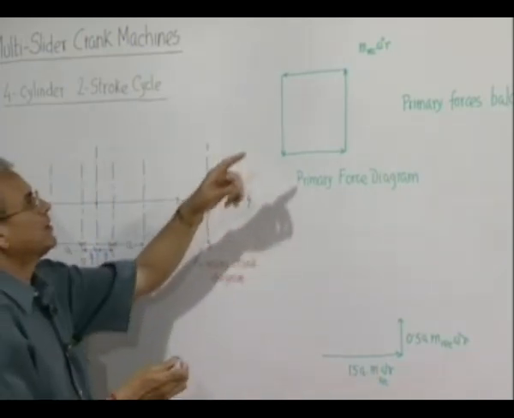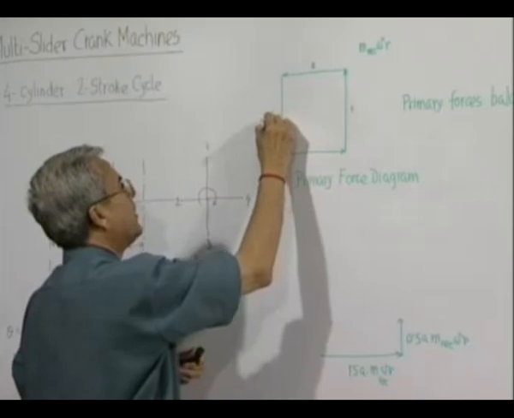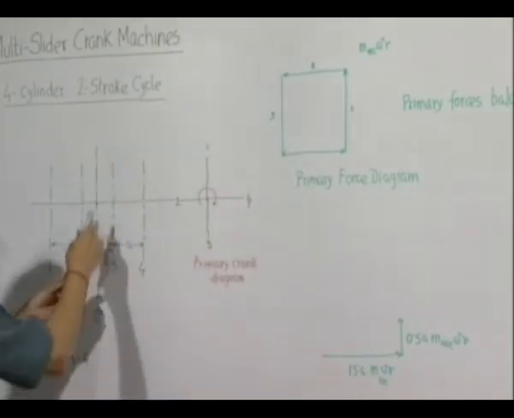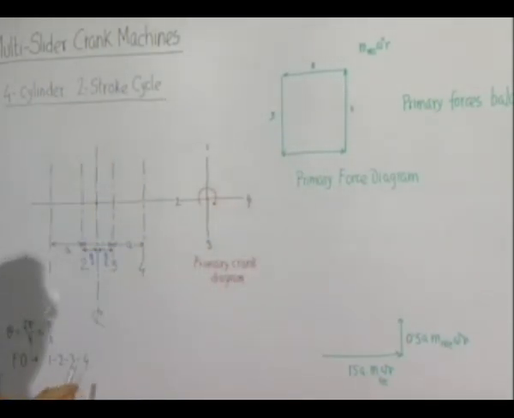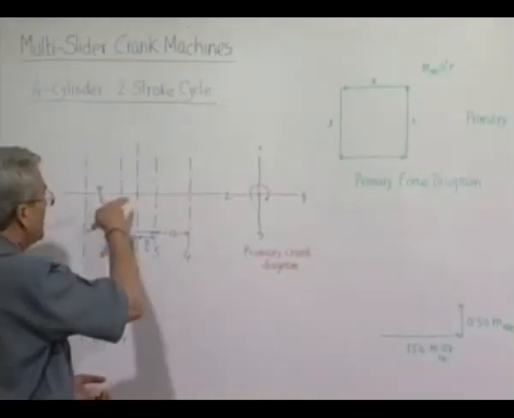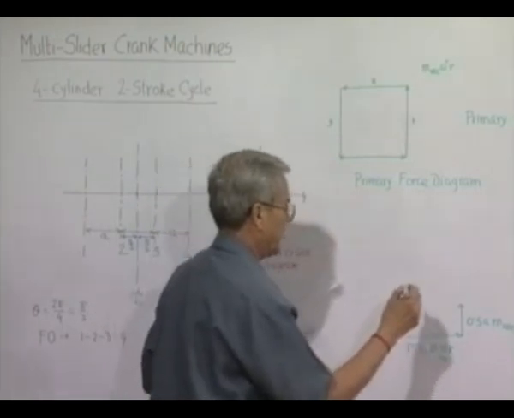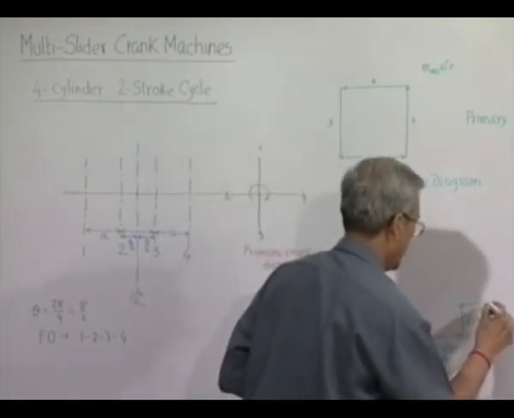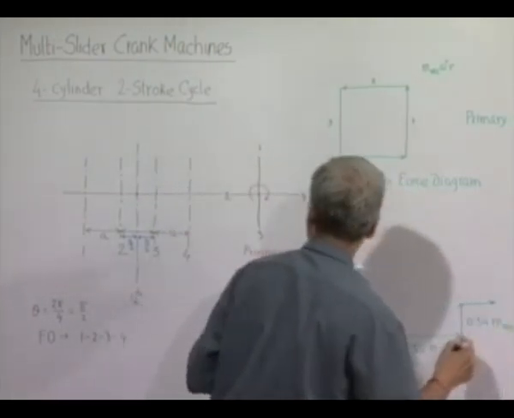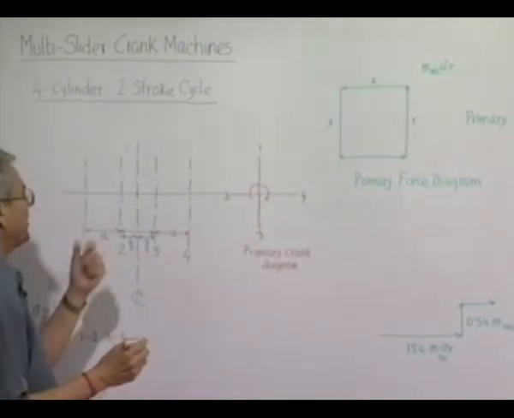Next comes, this is the cylinder number 1, cylinder number 2, cylinder number 3. Now, cylinder number 3 is here, the force is coming in the downward direction. That means this force will produce another moment in this direction, and its magnitude will be again the same as this, m reciprocating omega square r into 0.5 a.